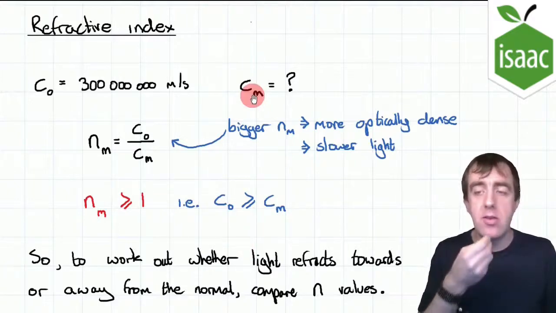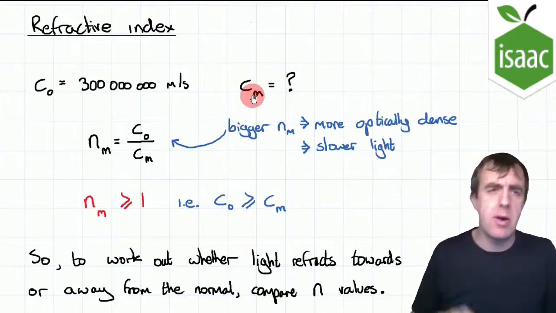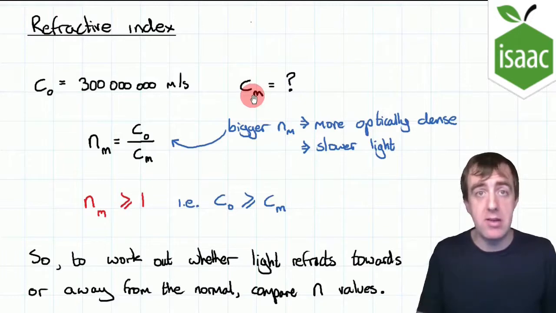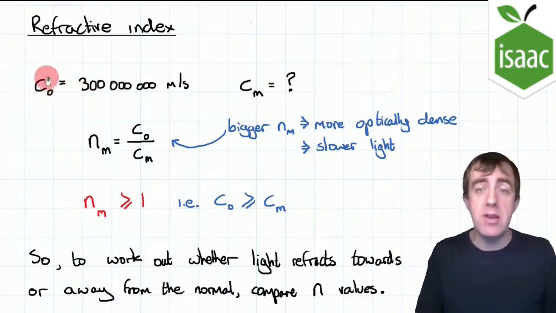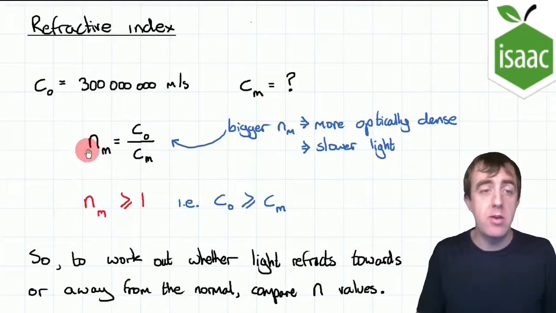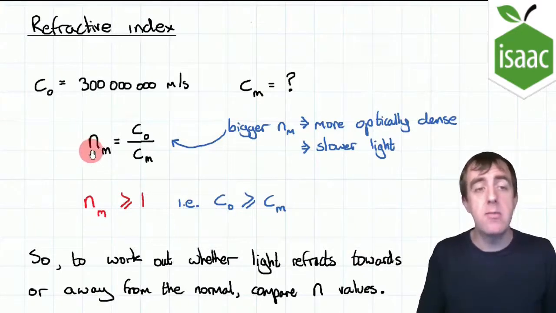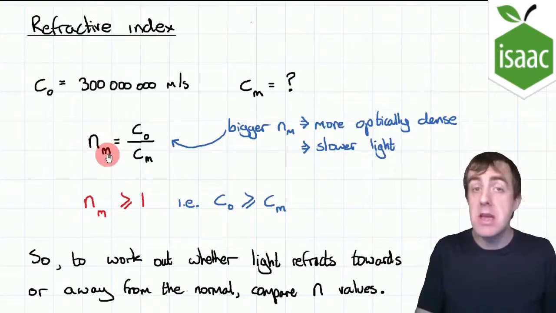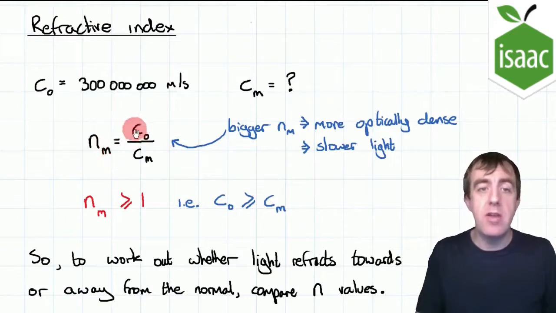Perhaps it's glass, and the speed of light in glass is about 200 million meters per second. But over here we've got the speed of light in a vacuum, which I've labelled c0, 300 million meters per second. The refractive index of some medium, which we use the letter n for, is equal to the speed of light in a vacuum divided by the speed of light in that medium.